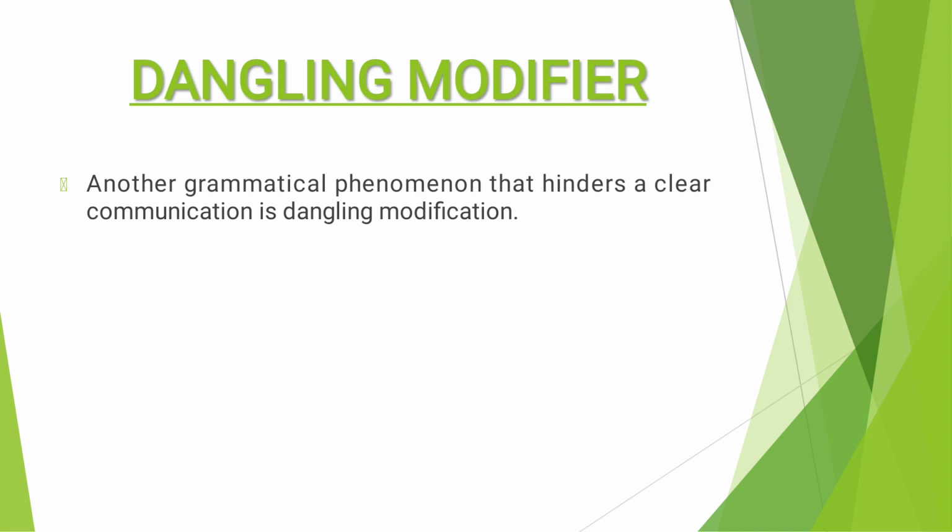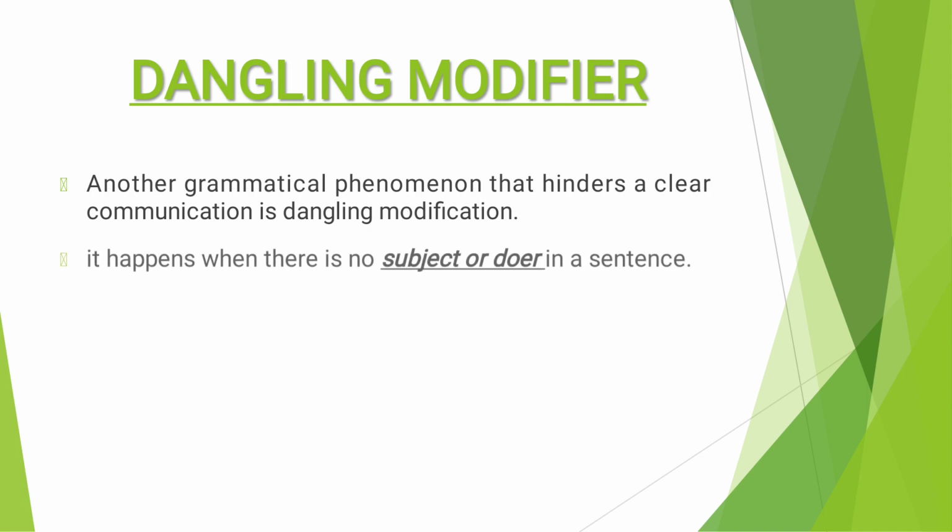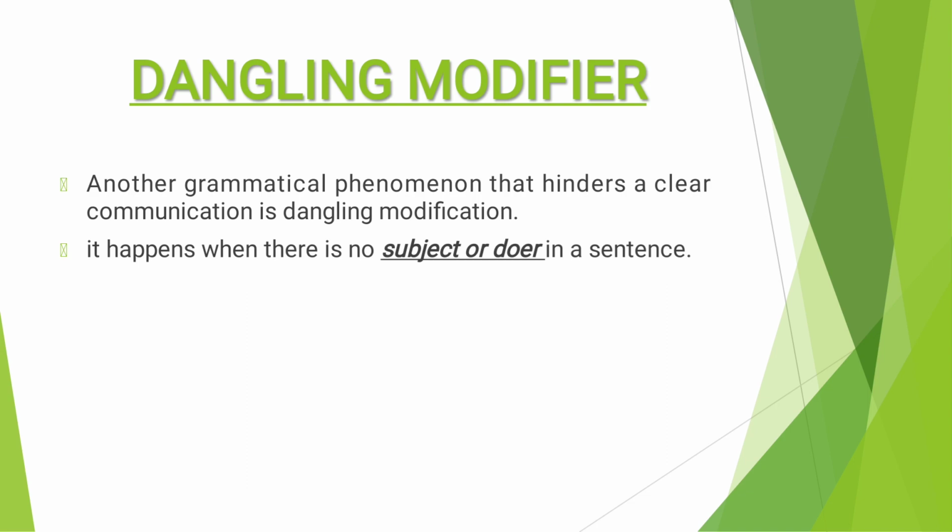Clear. We are saying that it happens when there is no subject or doer in a sentence. So the situation whereby there is no subject or doer is underlined.